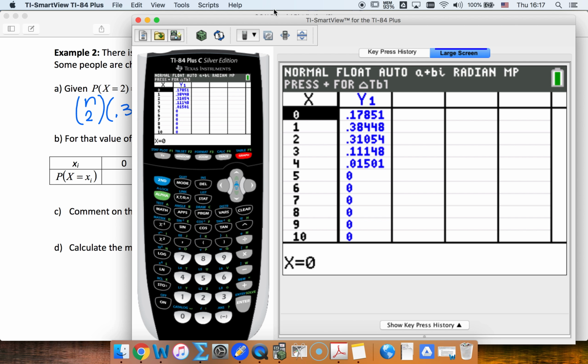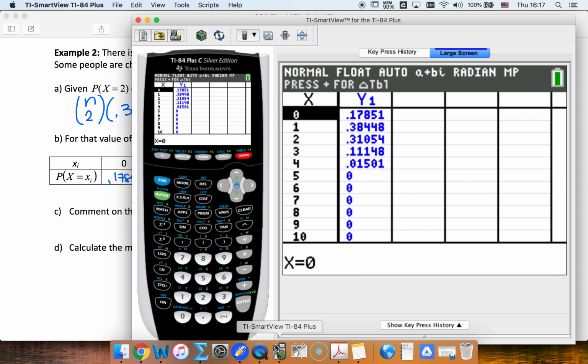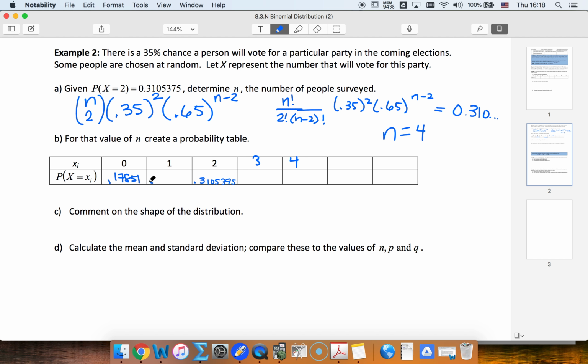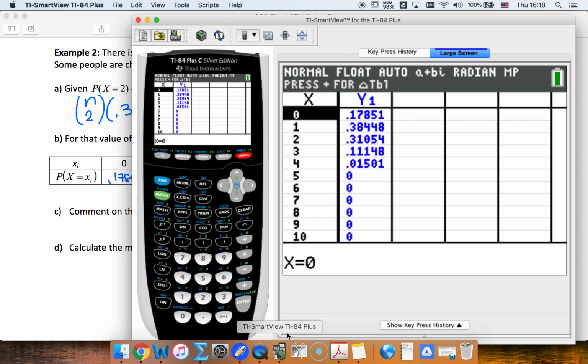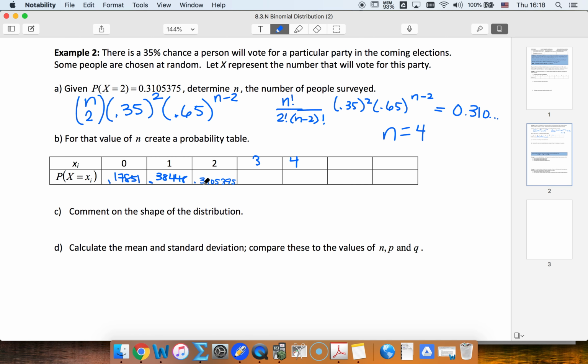All right, 0.17851. And then all these other values, 0.38448. And let's see what else. That one is the one I know, 0.111. And then at 4, 0.015.